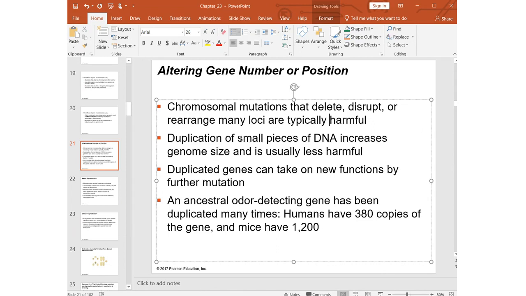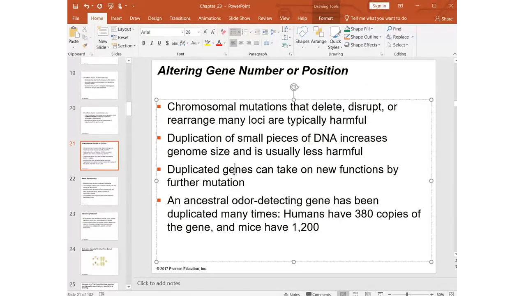Duplication of small pieces of DNA increases the genome size and is usually less harmful. The genome, if you remember from the first semester of general biology, is the full sum total of all of the genetic material that a species has.